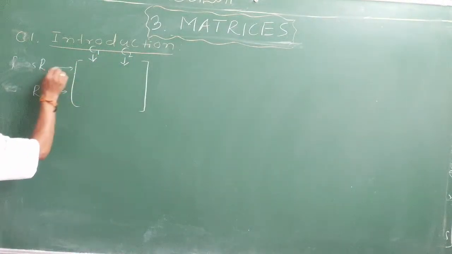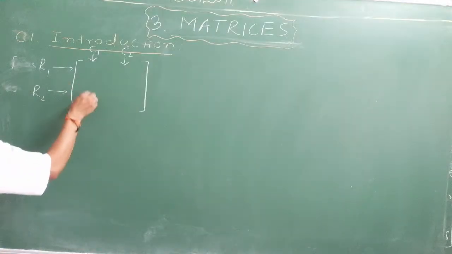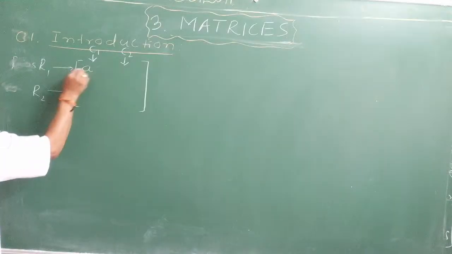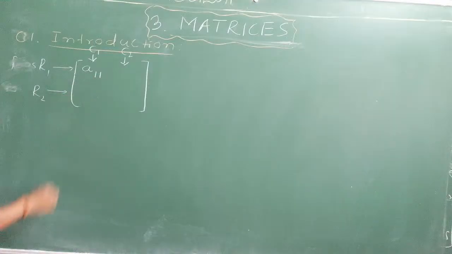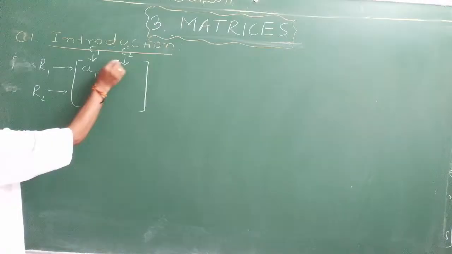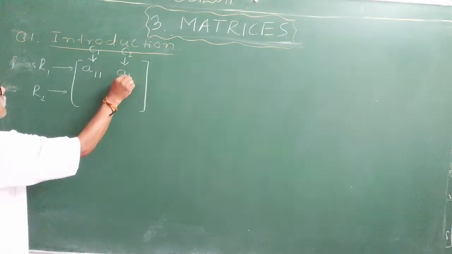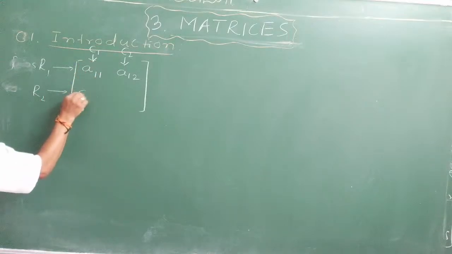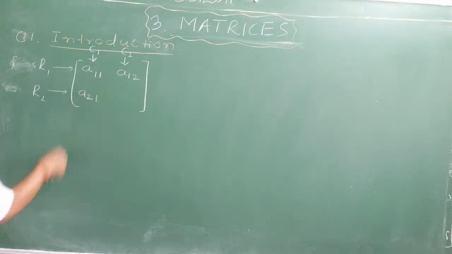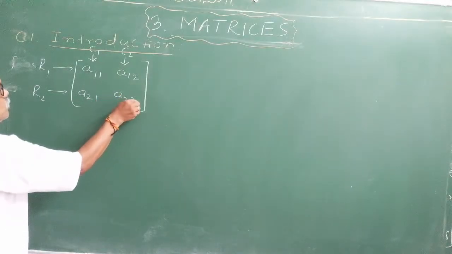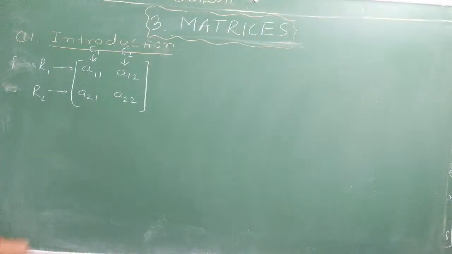In this particular rectangular arrangement, array of elements, suppose that a is an element, its row is 1, column is 1, we represent it as a11. If row is 1, column is 2, this element is called a12, and this is row 2 and column 1, we write it as a21, and row is 2, column is also 2, we call it a22, right?